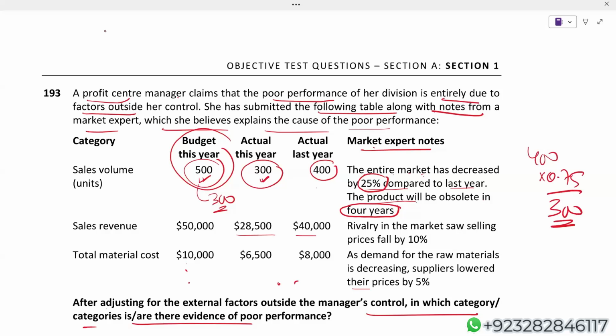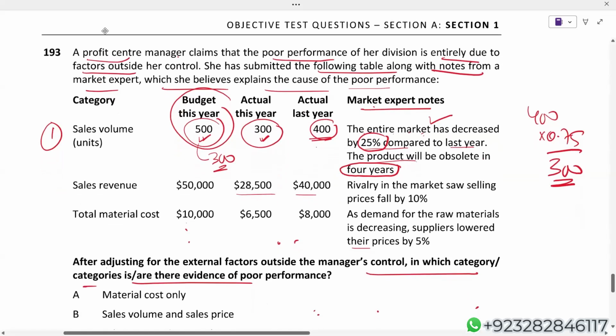So my manager is saying that previously, whatever the sale was, it has reduced by 25%. No issue at all. I can just flex my budget to your actual activity. Even if I take 75% of 400, I'll have a flex budget of 300 units. So basically, the sales volume is not representing your poor performance.